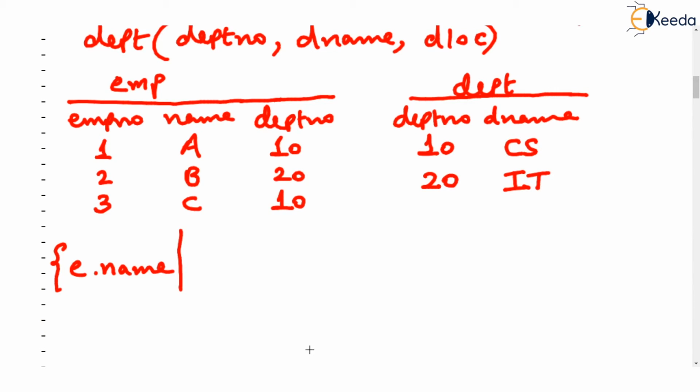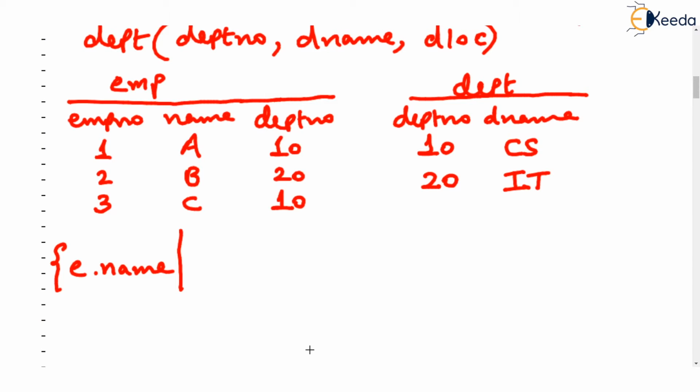Now recall from the earlier videos, or I will repeat the point. There are two types of variables that you write in TRC: free variable and bounded variable. Whatever variables are written on the left of the vertical bar are always free variables. And if any bounded variable exists, then it can exist only to the right of the vertical bar.